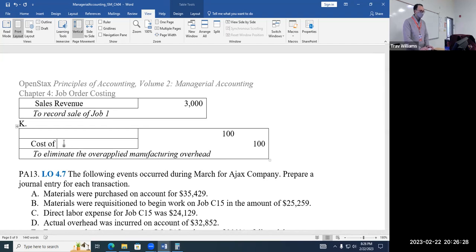We would do that with a credit. And what would we debit? If we over applied manufacturing overhead and we now have to fix it, what do we debit?